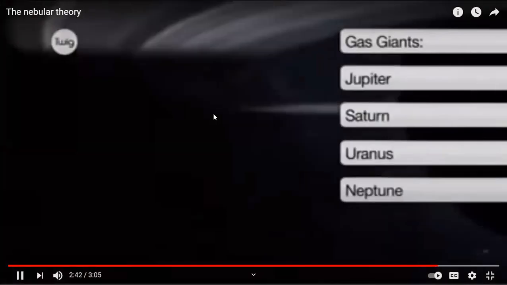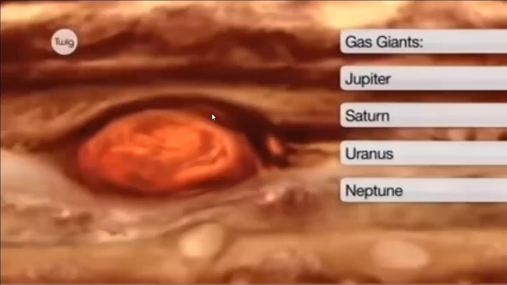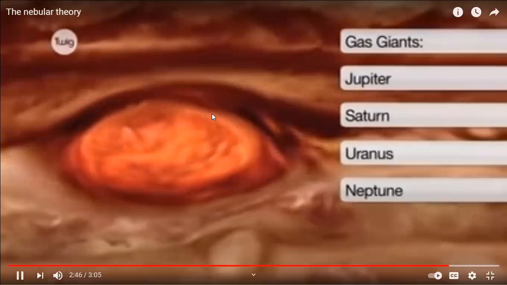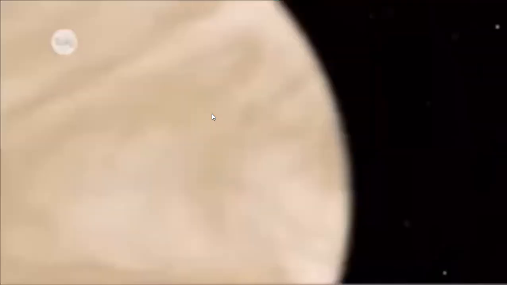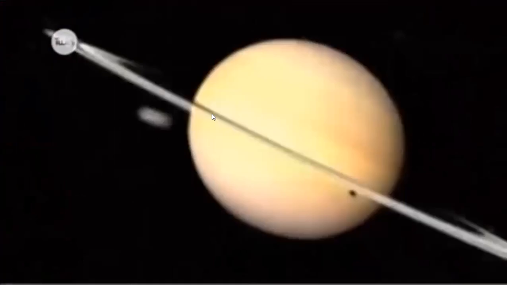When the accretion of most of the ice and gas was complete, we were left with the gas giants. The solar system as we know it is around 4.6 billion years old. It's looking pretty good for its age.